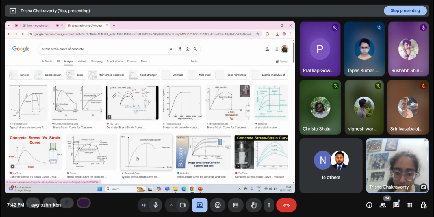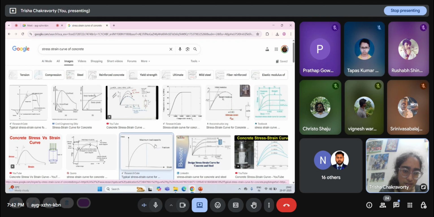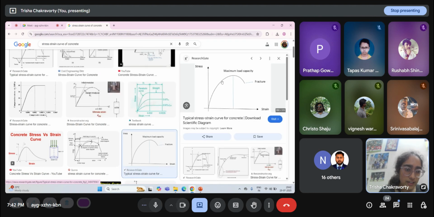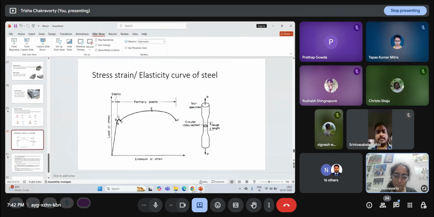The stress strain curve of concrete mostly goes up and breaks really fast, while in steel, even after yielding, the strain increases a lot. If this is concrete, it reaches its yield strength, then it just falls down. In the case of steel, it reaches the yield stress, the strain increases, and then it fractures after a very long time. That is where the ductility comes in.